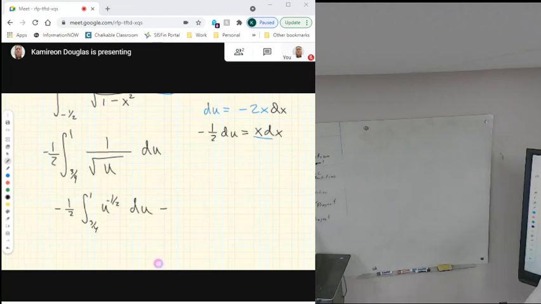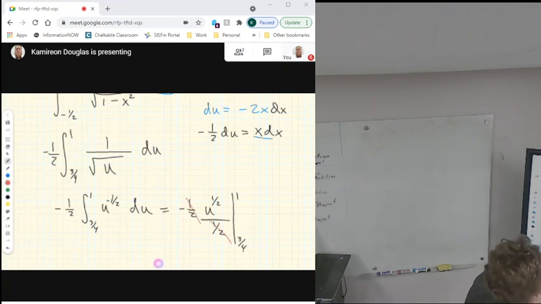When I integrate, I have negative 1/2 out front. The integral, I would add 1 to the power and then divide by the new power. So u becomes u to the 1/2, divide by the new power, which is positive 1/2, and then plus c. But we're not doing an indefinite, so we have to plug in 3/4 and 1. Now, 1/2, 1/2 are going to cancel. Negative is going to stay. So we end up with the following.